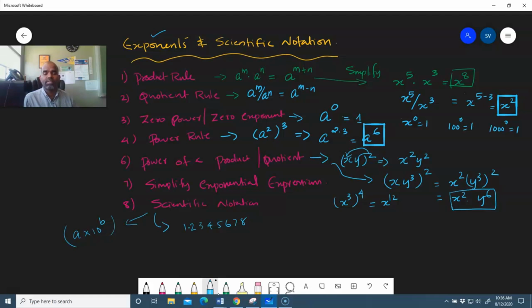Then your number is 1.2345678 multiplied by 10 to the power of some number. To find that number, count the number of places after the decimal: 1 2 3 4 5 6 7 places, because we moved the decimal 7 places from right to left. So this is the scientific notation of that bigger number.